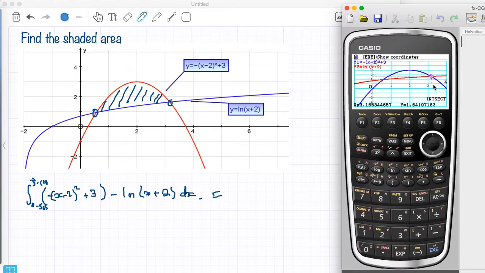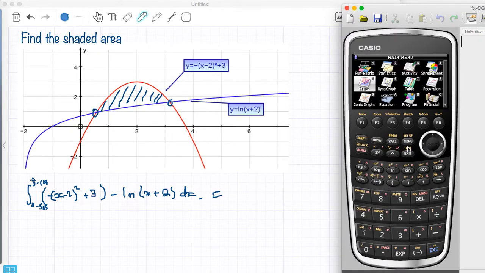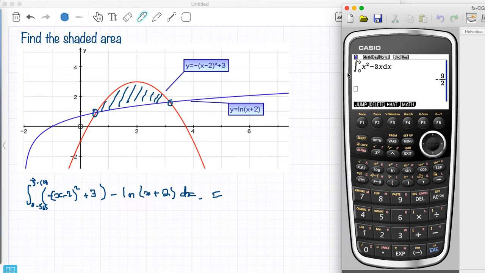Now I could work it out using my graph menu, but for this one it's easier to work it out from the run menu. So doing what I did before, math, go along, find the integral sign, and this is going to take a little bit of typing out. So minus brackets x minus 2 squared plus 3, and I want to take away, and I'm just going to put this in a bracket as well, log x plus 2.